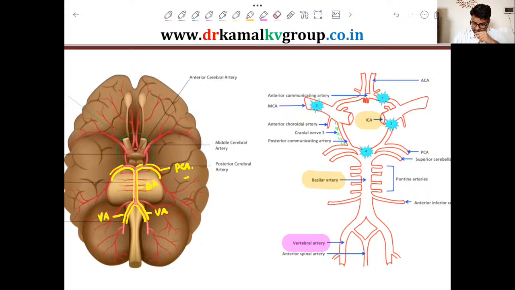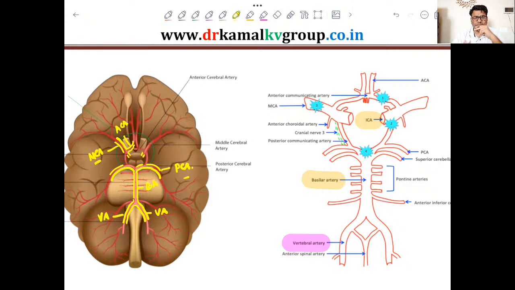So this is the internal carotid artery, on both sides. Now one branch goes anteriorly, this is the anterior cerebral artery, and one branch goes laterally, this is the middle cerebral artery. So two branches from the internal carotid artery: the one going laterally is the middle cerebral artery, and the one going anteriorly is the anterior cerebral artery.